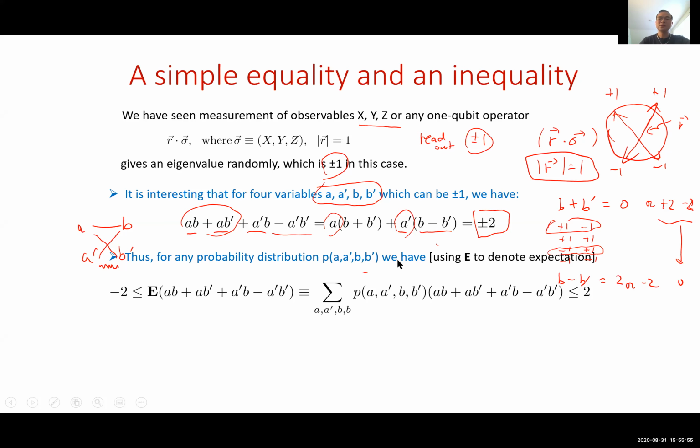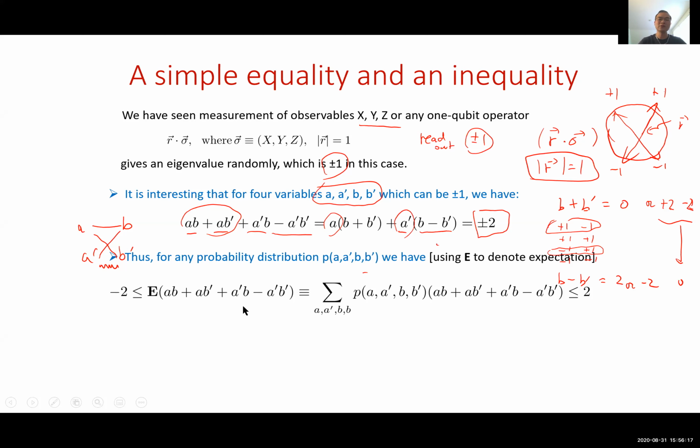I can consider the expectation value, so I use E to represent the expectation value of this. If I sum plus or minus 2 and randomly distribute that, and I average it, it must lie between minus 2 and plus 2, right?